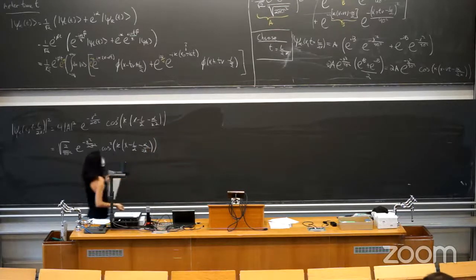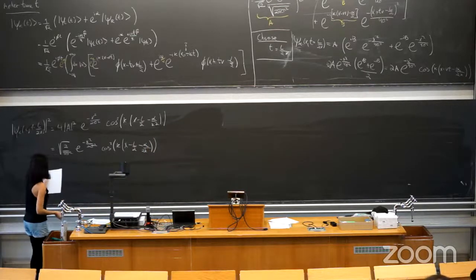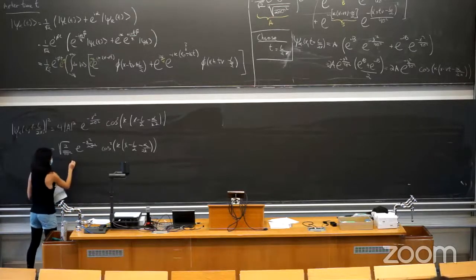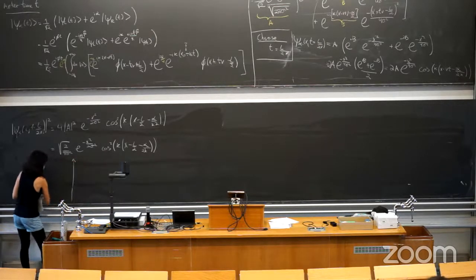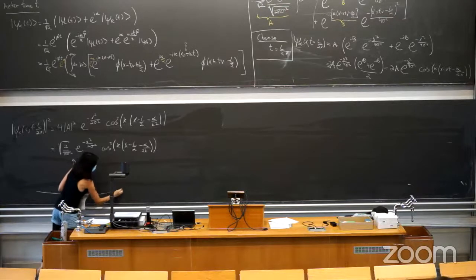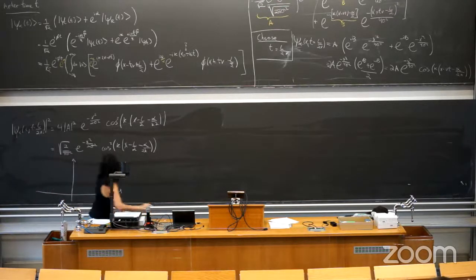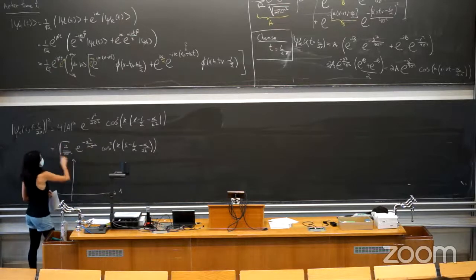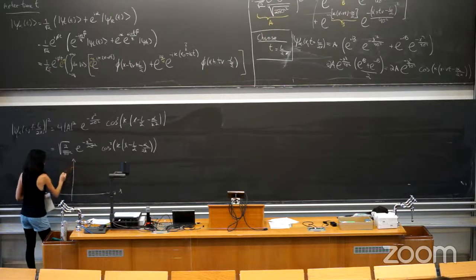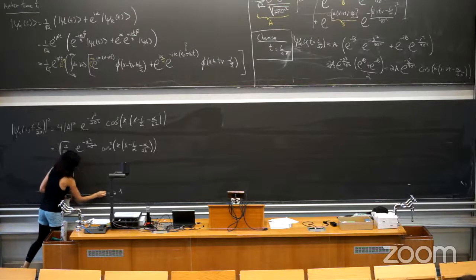So how does this look if we plot it? So this is the position. First we draw the envelope, that's this part here. This is just a Gaussian, centered around 0.